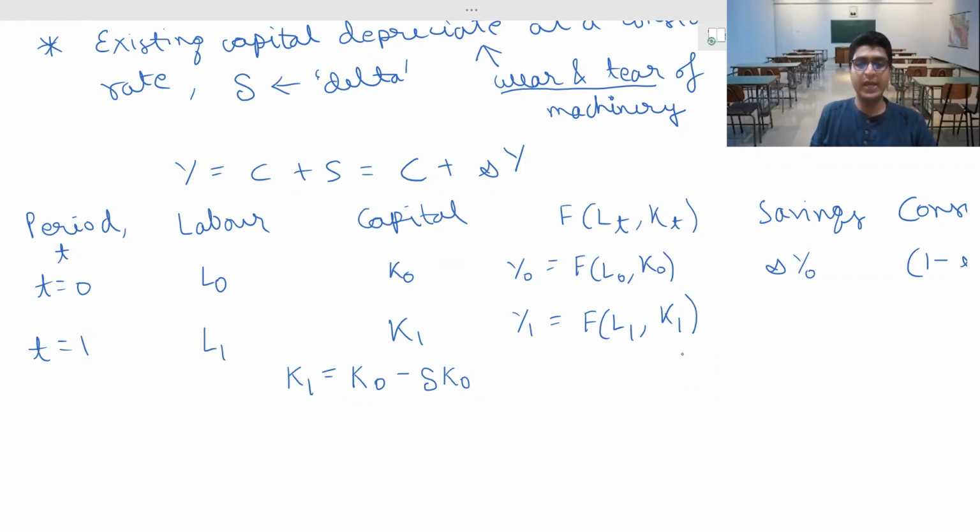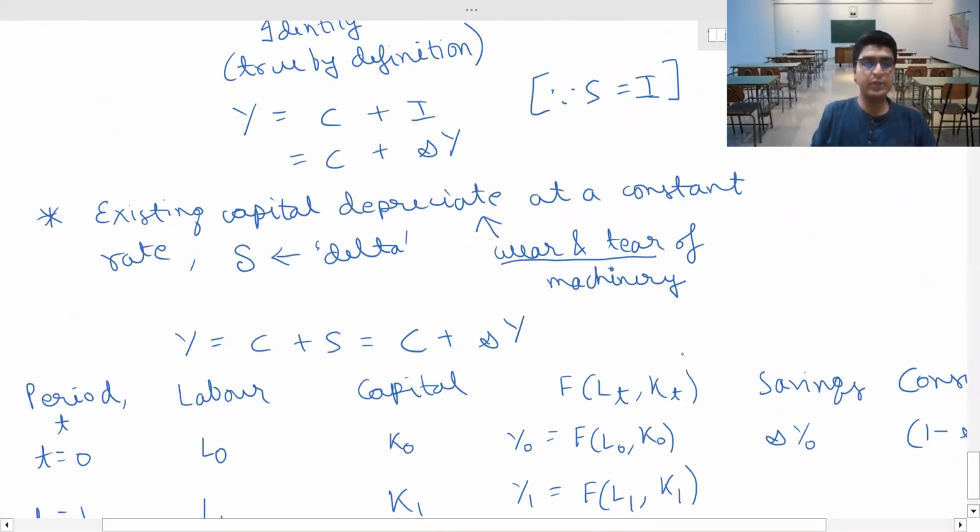Then some fraction of capital gets depreciated, gets worn out. Let me give an example. Let's say initially the level of your capital is 10, and delta is equal to 0.1, which is 10%.